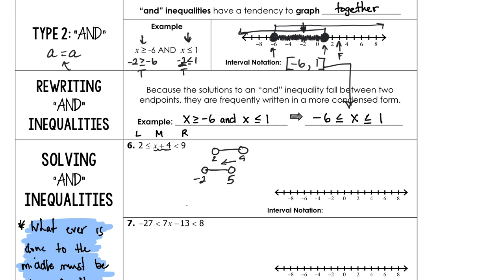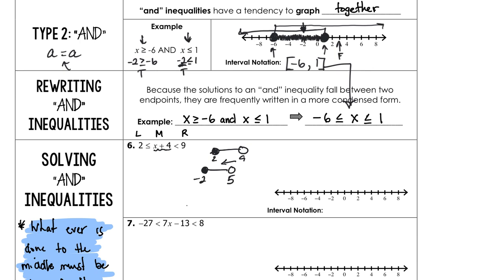It should be a closed circle, because of 2. And I end up with the set of numbers I can choose from that, if I add 4 to them, gives me a number between 2 and 9. So I hope that makes sense.